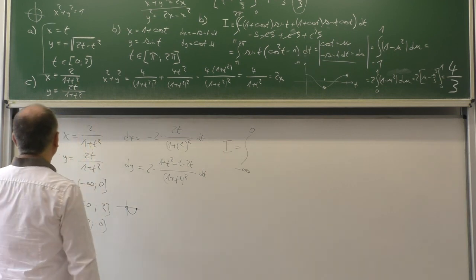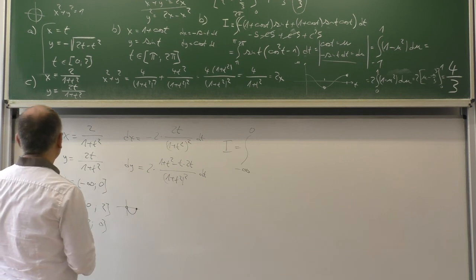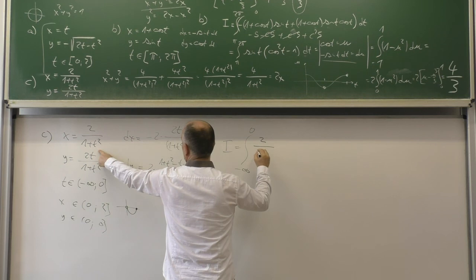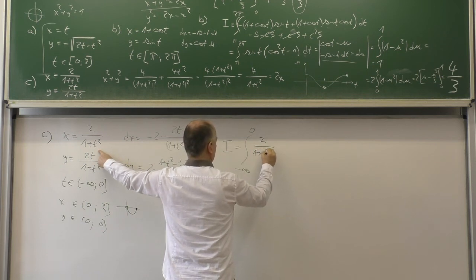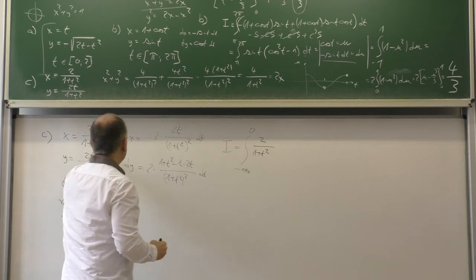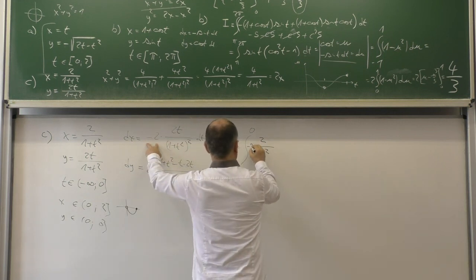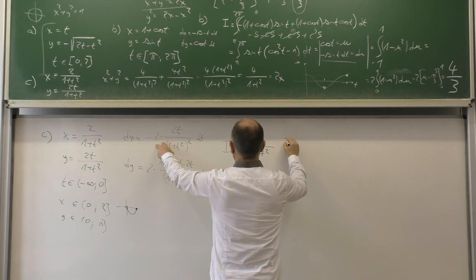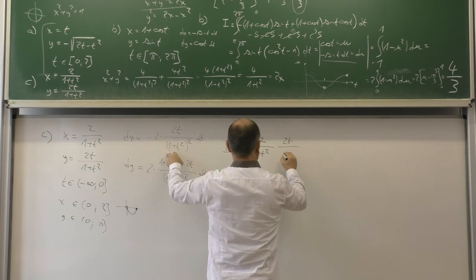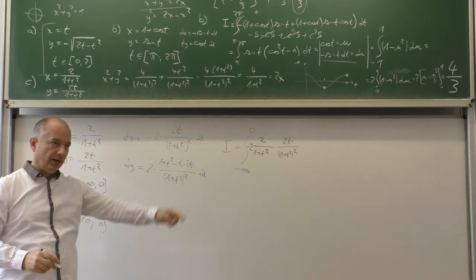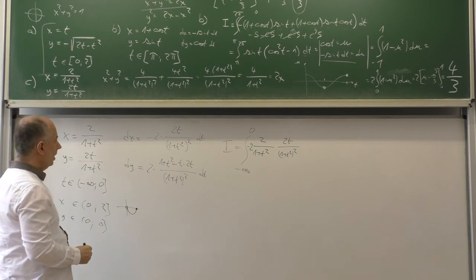And we have f1, which is x, which is 2 divided by 1 plus t squared, times dx, which is minus 2 times 2t divided by 1 plus t squared, square, and we will write dt at the very end.